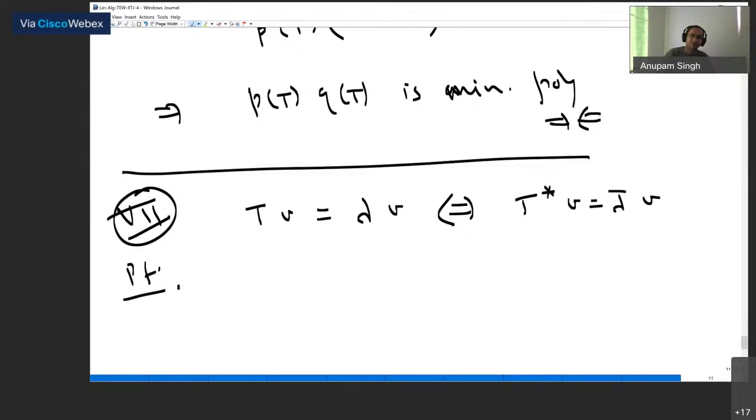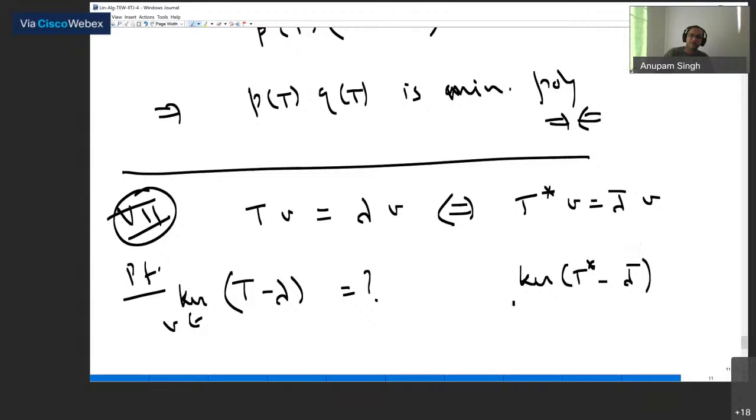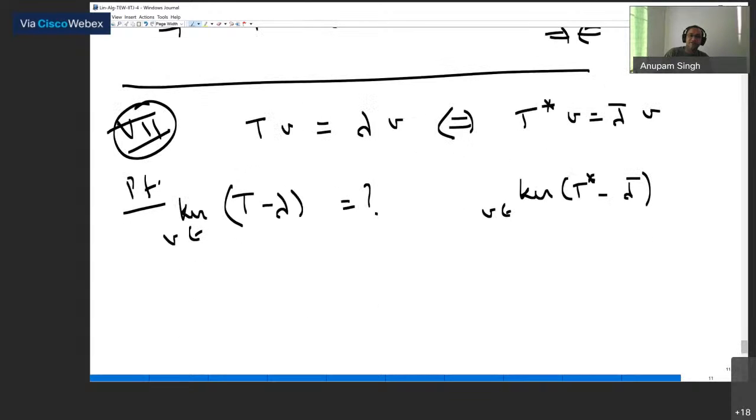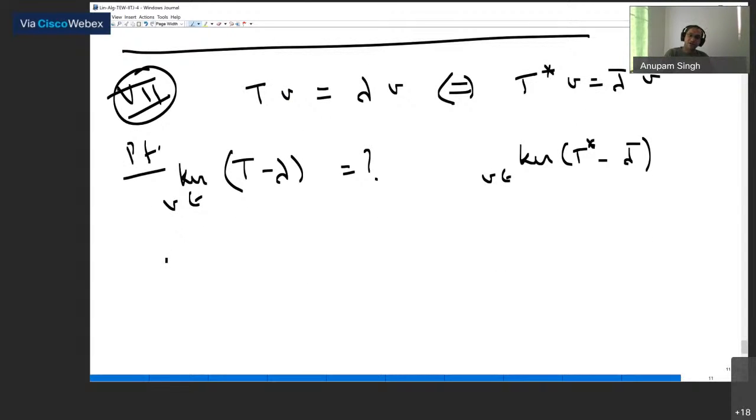So the proof of this is quite easy. I wanted to know the kernel of T minus lambda, right? V belongs to this, and on the other side, it is the kernel of T star minus lambda bar, and I want to say that v belongs to this. So somehow we want to say that the kernel of T minus lambda and the kernel of T star minus lambda bar are the same. And this follows quite easily because we said that the kernel of T and the kernel of T star are the same.